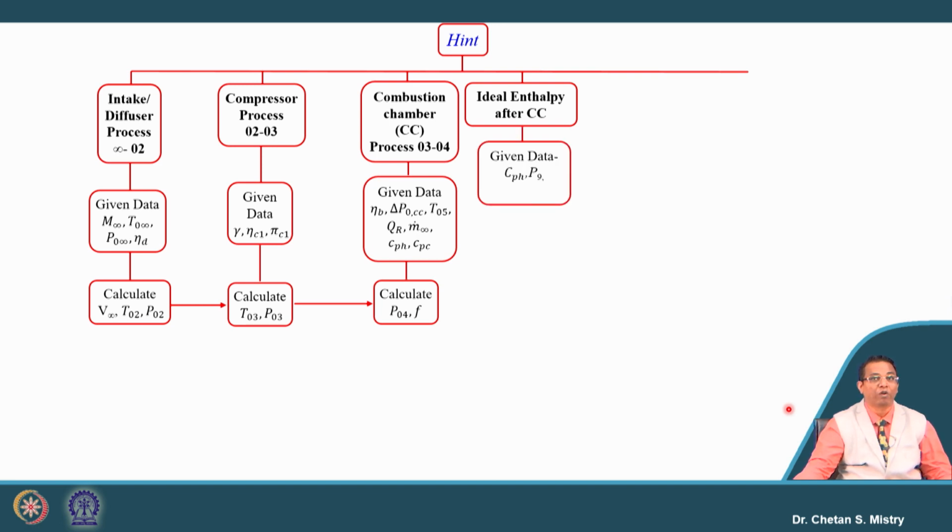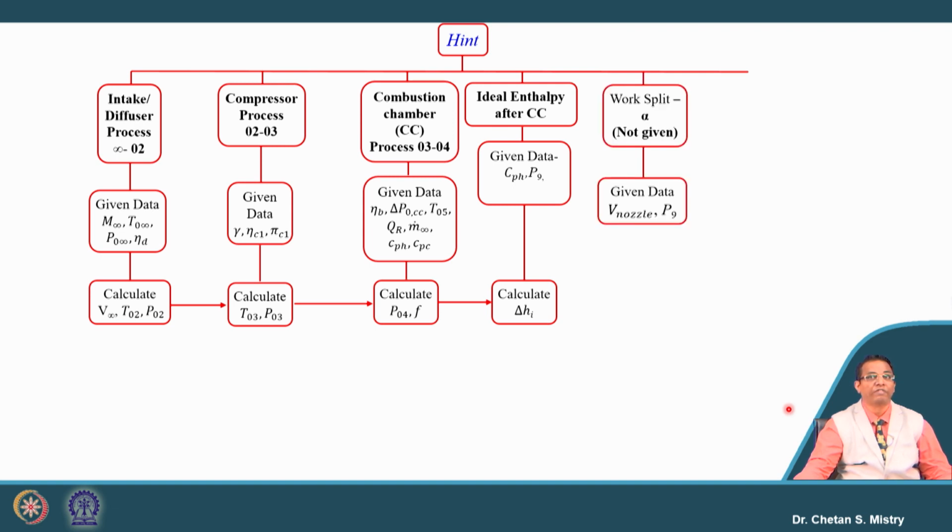We will calculate delta Hi, and based on this we will calculate the work split between the nozzle and the turbine, and from that the nozzle exhaust velocity.